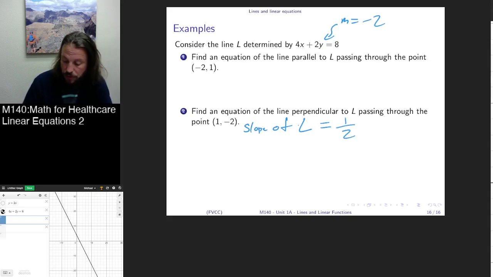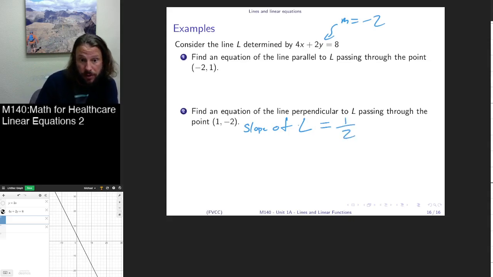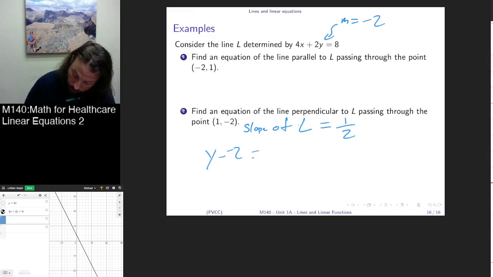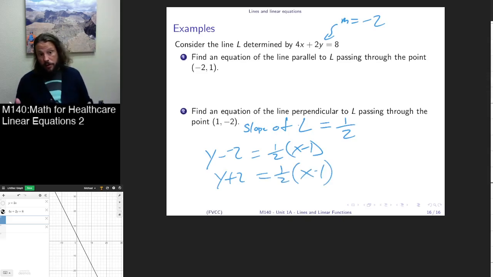When I multiply those two together, I get negative 1, which is what we talked about. Again, I'd use the point-slope form. I get y minus negative 2 equals 1/2 times x minus 1. A little tidier, this is y plus 2 equals 1/2 times x minus 1. And that's an equation of a line. We could leave that there.